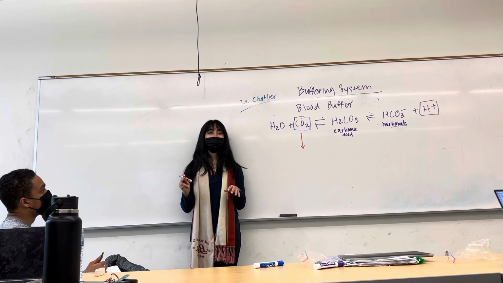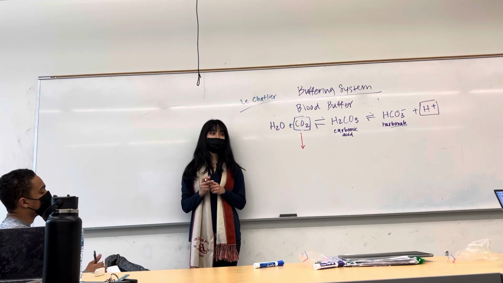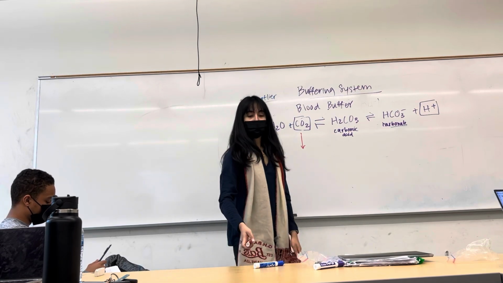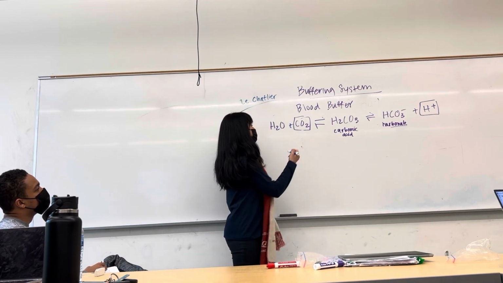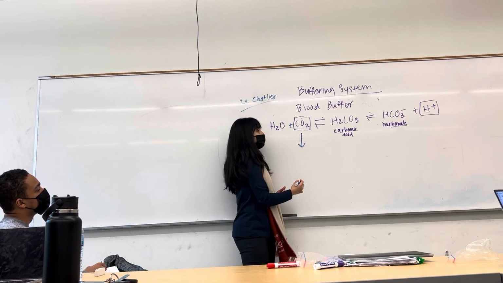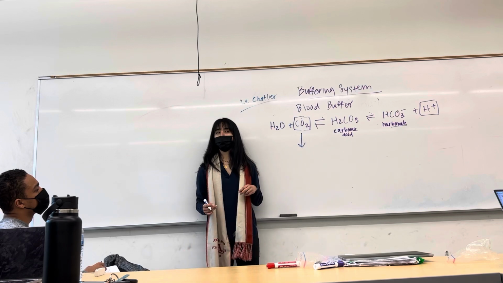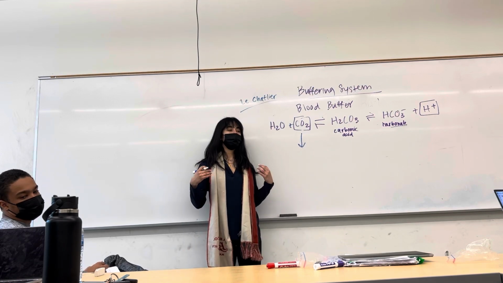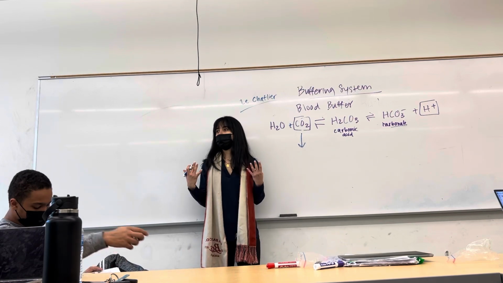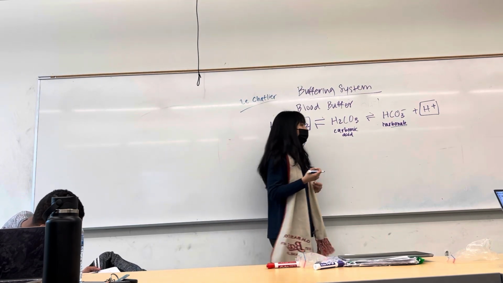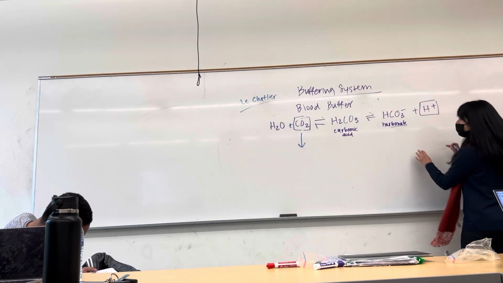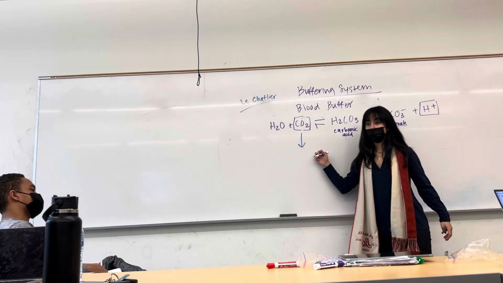So, now we have a problem. CO2 too low. It's not good, right? I'm gonna use blue instead. Your CO2 is dropping, okay? And because CO2 is dropping, your body is like, okay, that's not good. So your body does this mechanism where it's gonna start trying to make more CO2.